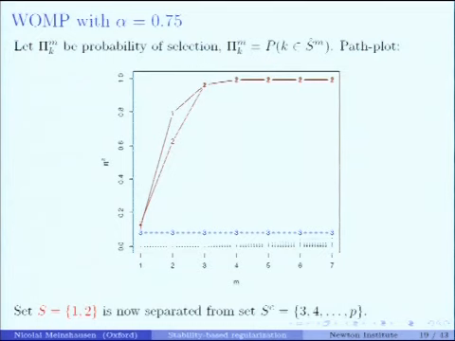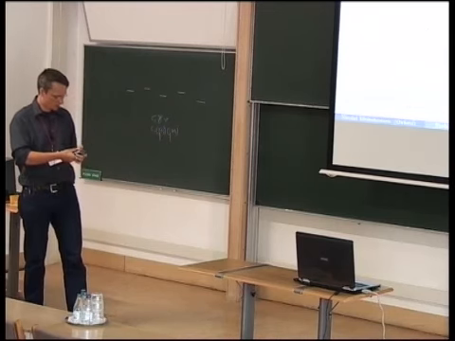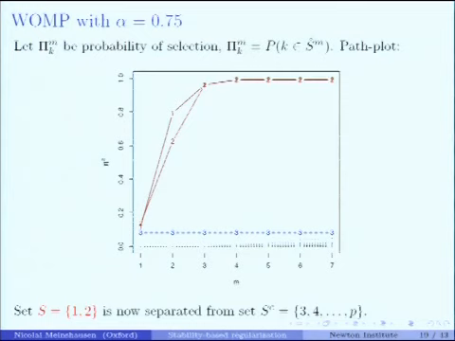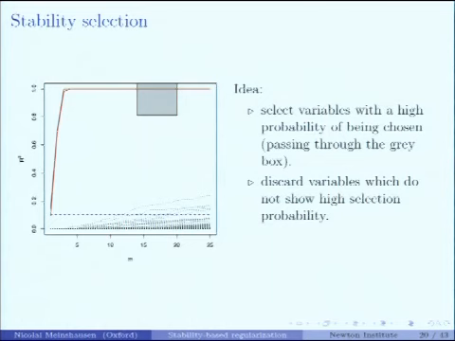And it just suggests in a way that you can use that scheme to make a selection and say this is going to be the set S, the estimated set S, and the rest are the remaining variables which have a low probability of being chosen. They are discarded, which is a bit similar to what Peter Hall said in the beginning this morning, just in a different context.